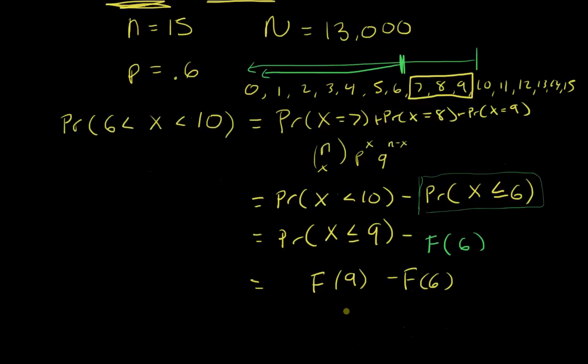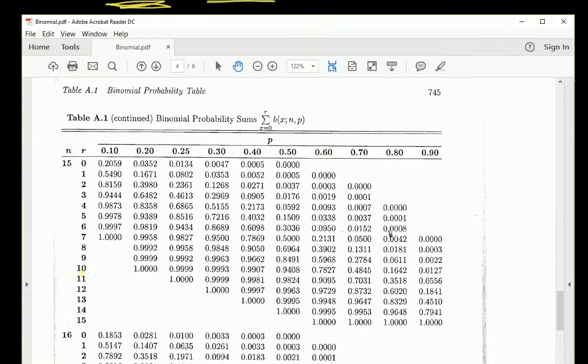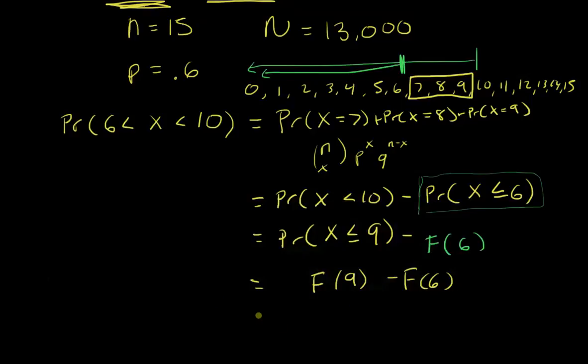So now I can get my table and look for where p equals 0.6, n is 15. So I'm going to look up 9, 0.5968, and then look up 6, 0.0950. All right, so let's go ahead and write this down. 0.5968 minus 0.0950.